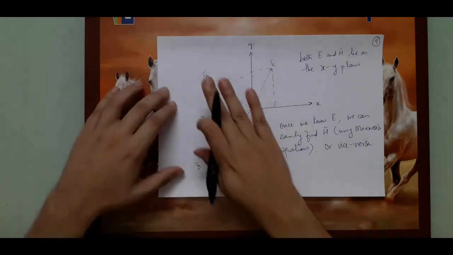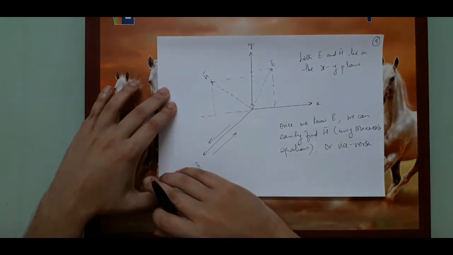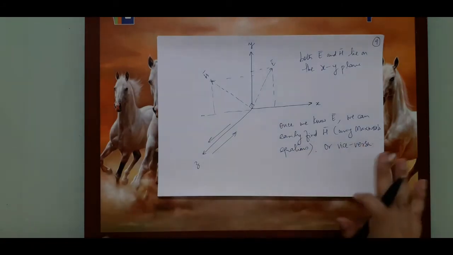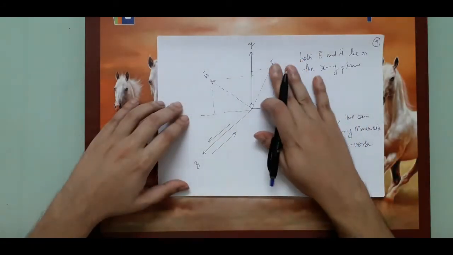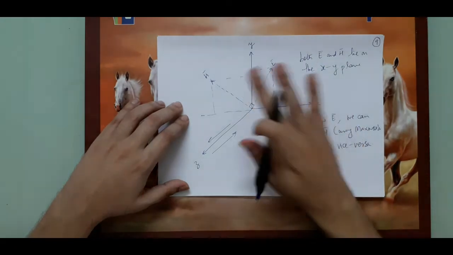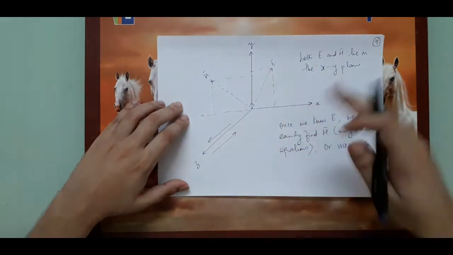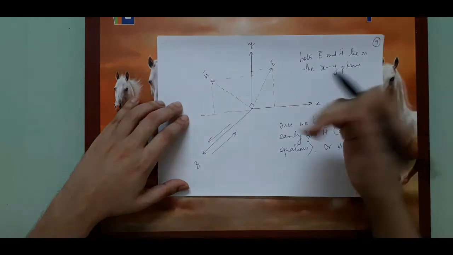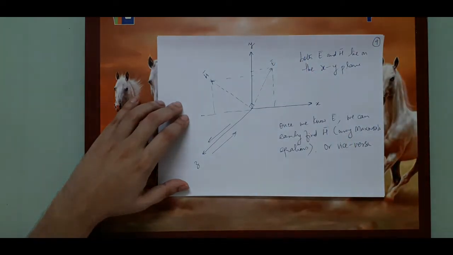So, if we know H, we can find out E. For example, when we were finding the solution for the wave equation, we had taken one form of E and we applied Faraday's law to get H. Similarly, if we know H, we can apply Ampere's law and get E.